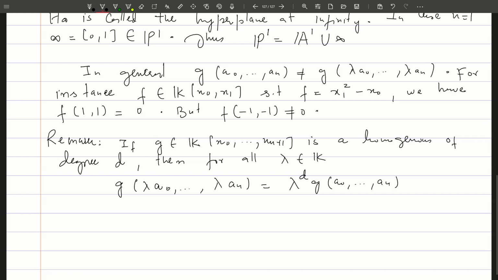So thus the question whether g of a0 through an is 0 depends only on the point a0 through an in the projective space.